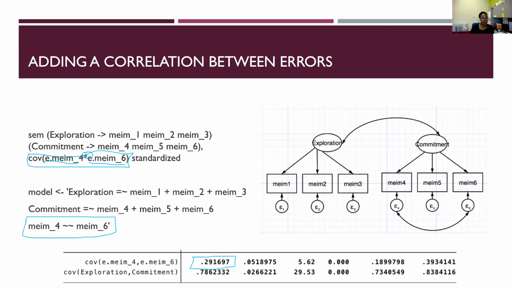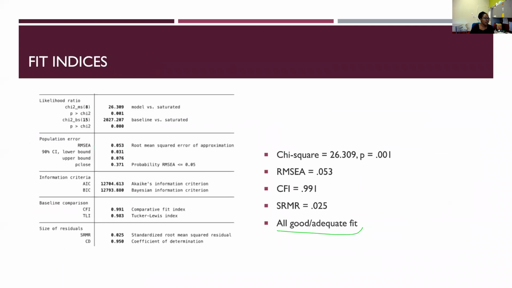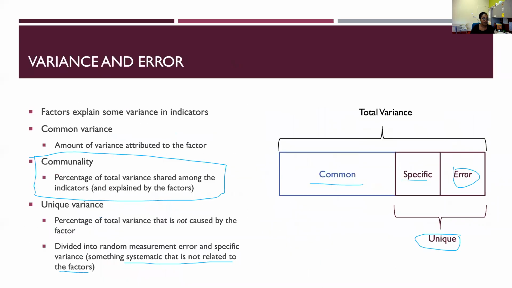So it would make our model better to include this covariance here. But if you actually go back to our fit indices, this was pretty good even without that. So that modification was just to show you the idea of shared variance and to show you how the model could have been slightly better, but our model was really good also without that.